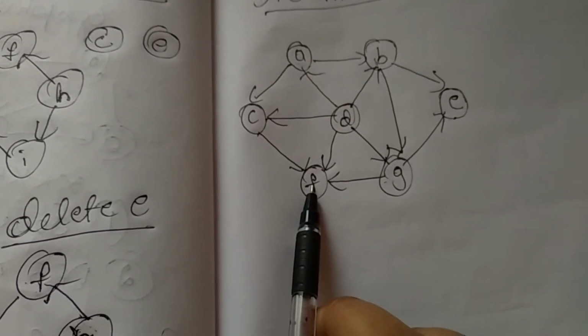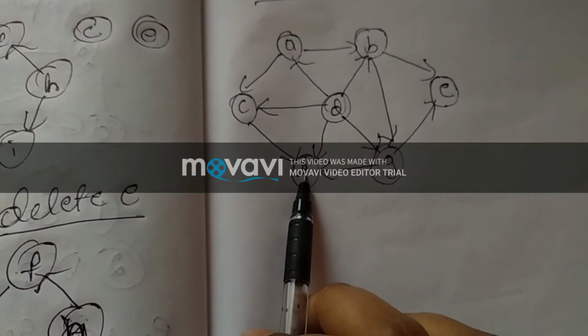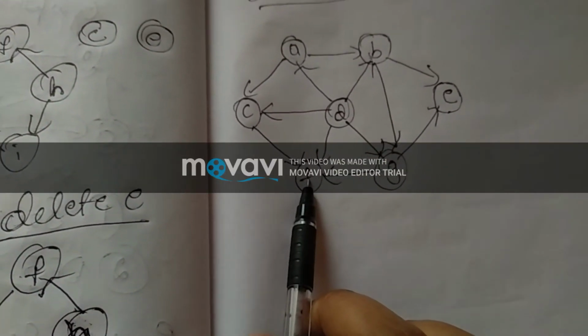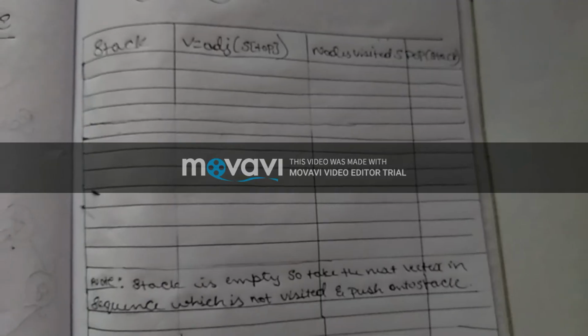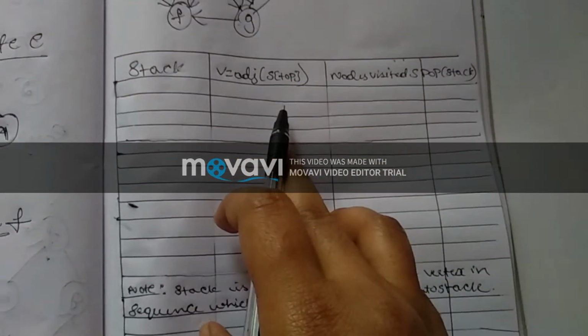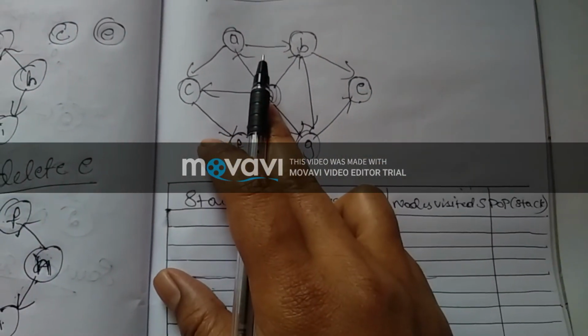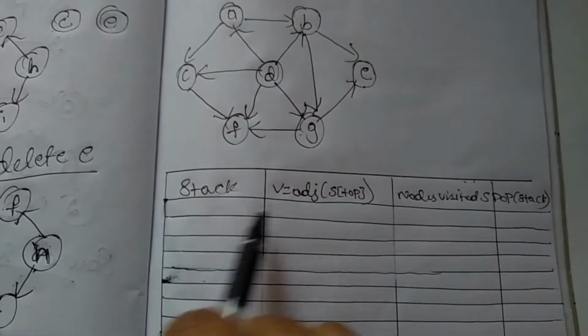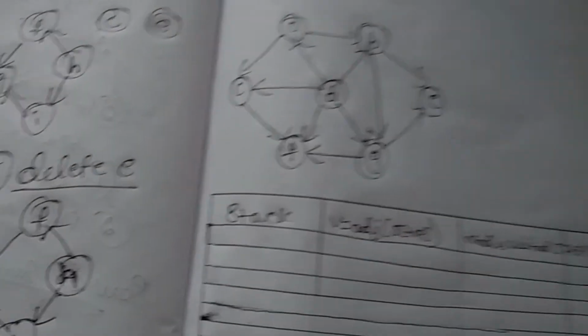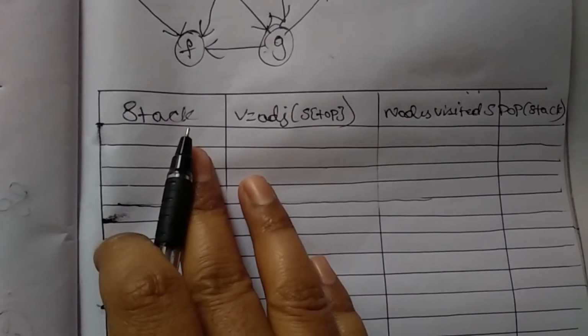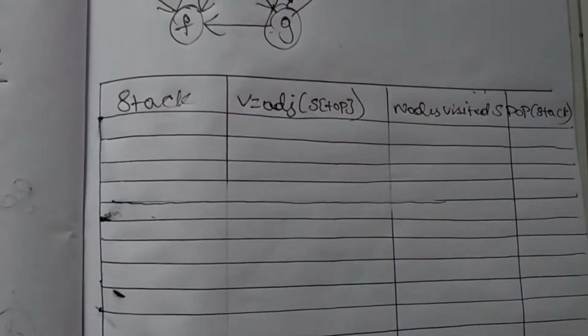Just a second, I'll write a table and then I'll explain how you have to do this DFS method. This is the table we have for your DFS method. This is the graph we have taken for the DFS method, and this is the table we have. I have already told you you have to use the stack concept to solve this DFS method.